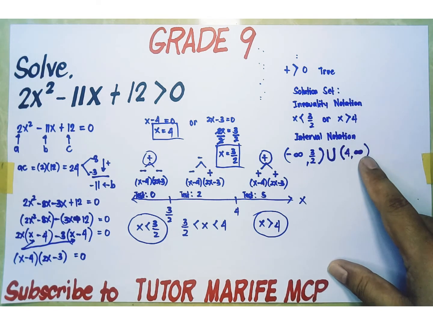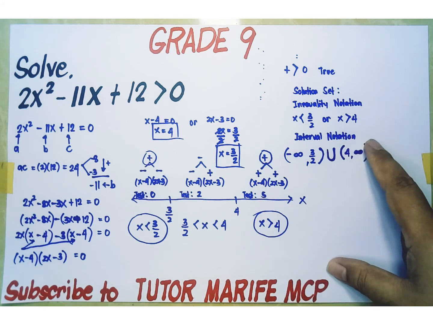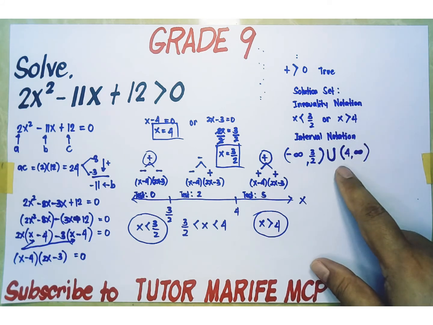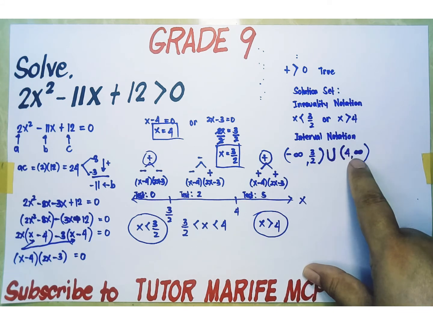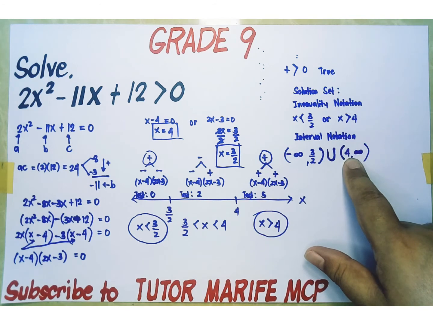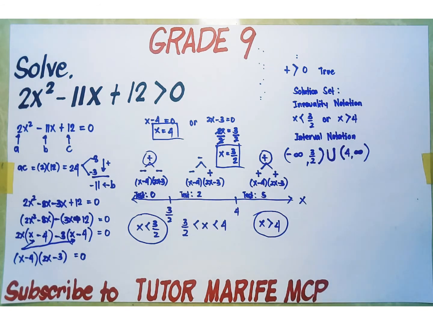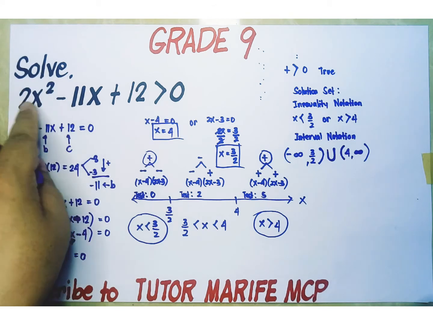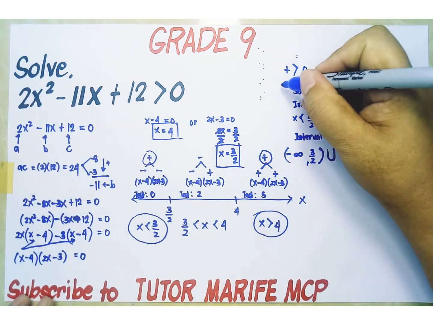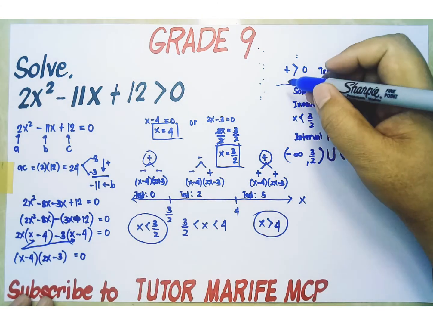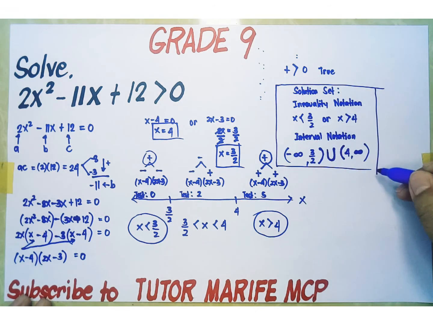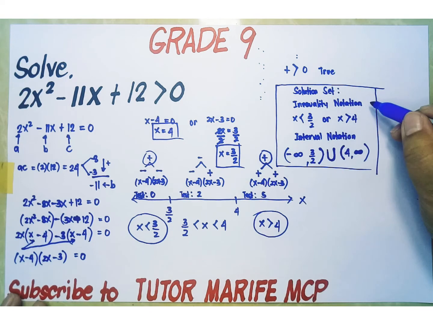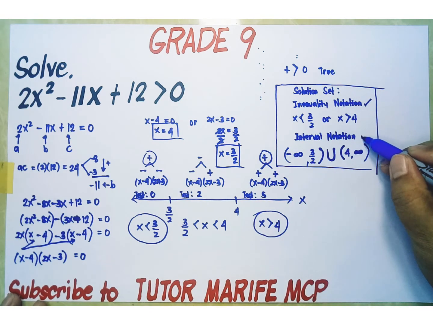Positive infinity always comes with parentheses. This is parentheses because it indicates that 4 is not included in the solution set. Okay? So the solution for this given inequality can be expressed in two different notations: the inequality notation or the interval notation.